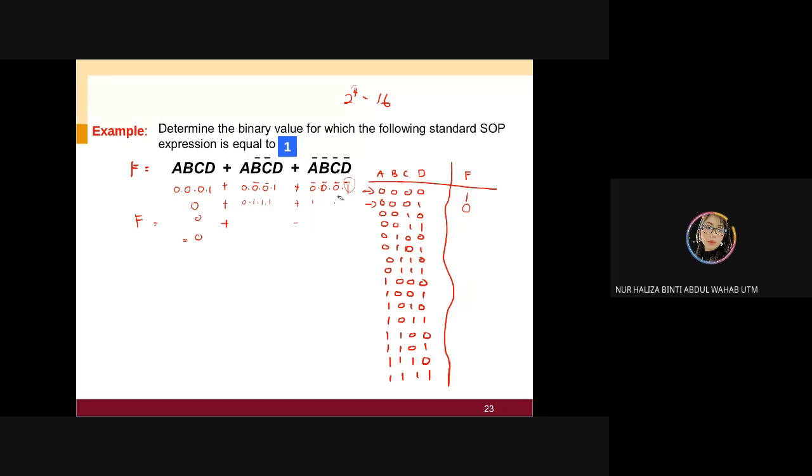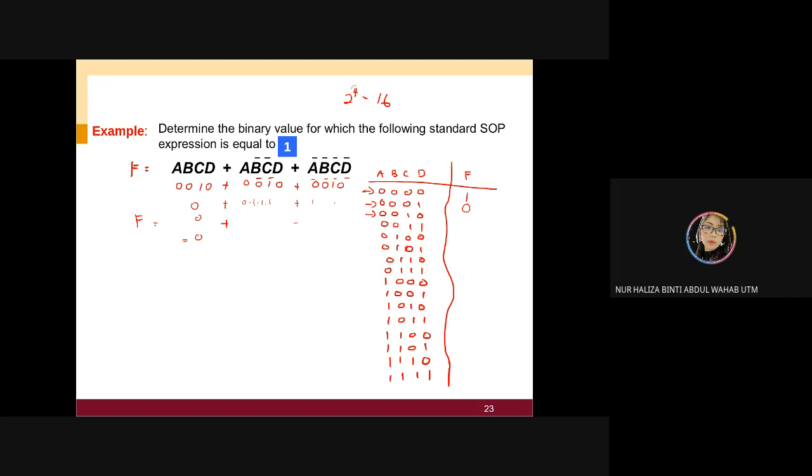Third. So for the third one, I'm going to get 0, 0, 1, 0. Plus, plus, 0, 0, 1, 0. Here all bar, bar, bar, bar. I will get 0 here.